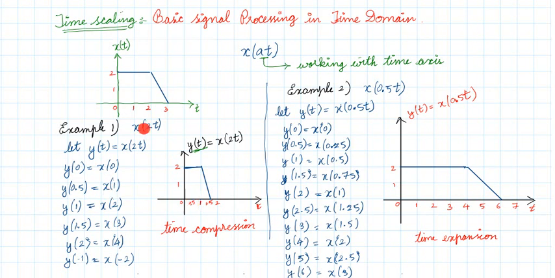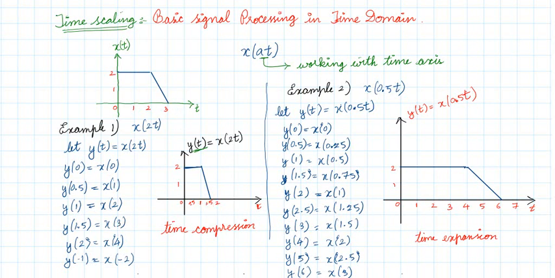So x of 1 is coming to y of 0.5. Then what about y of 1? Y of 1 is equal to x of 2. X of 2 is coming to y of 1. Okay. Then look here. What is y of 1.5? Y of 1.5 is equal to x of 3. X of 3 is coming here.